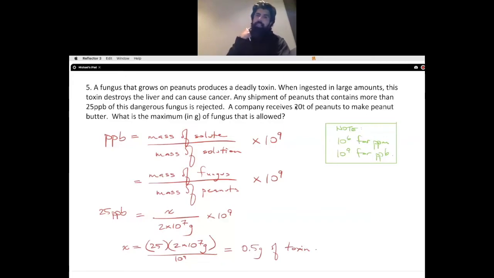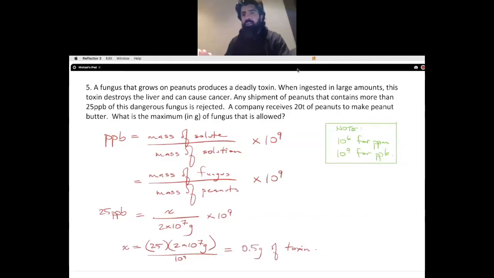So really, all this section is just practicing. You're just substituting into equations. That's really all you're doing in 9.3. You're substituting into the equations to find whether you're finding the mass of the solute, mass of solution, volume of solute, volume of the solution, percent, parts per billion, parts per million.